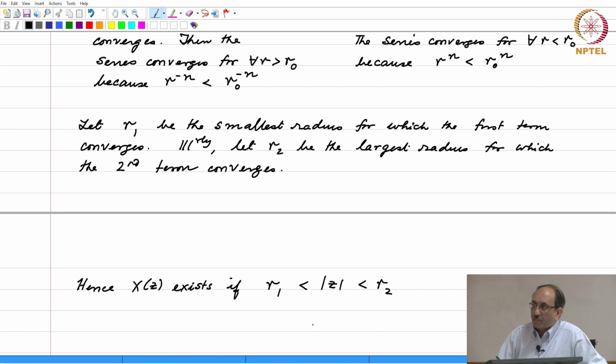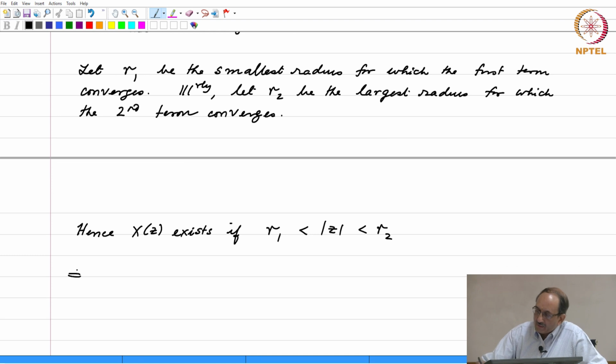So, clearly this supposes that R2 is larger than R1, because you are looking at the intersection of two regions of convergence. For the first part, you require mod z to be greater than R1, and for the second part, you require mod z to be less than R2. Therefore, these two regions must overlap, which means R1 must be strictly less than R2.